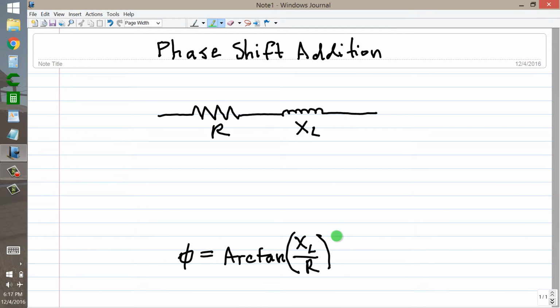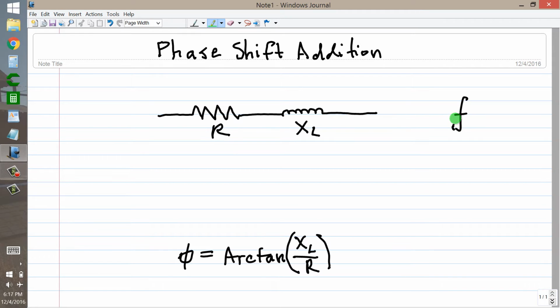Well, now let's suppose, just to make things as simple as we can in this example, that we have a certain frequency, and we can call that frequency whatever we want. I guess we might as well just use the lowercase letter f. But whatever that frequency is, in this particular case, the inductive reactance is equal to the resistance.